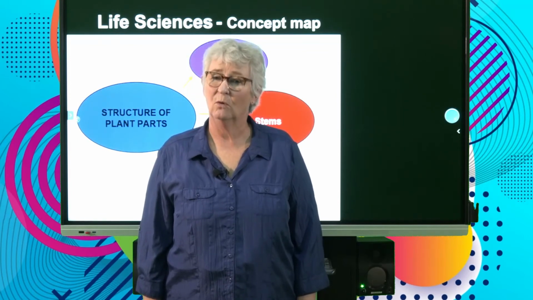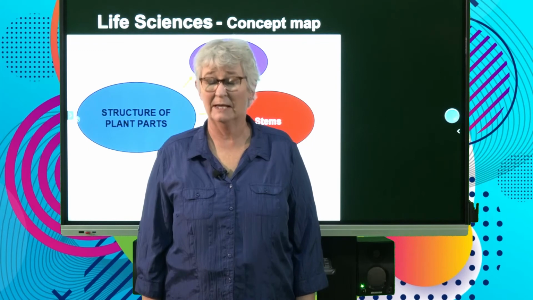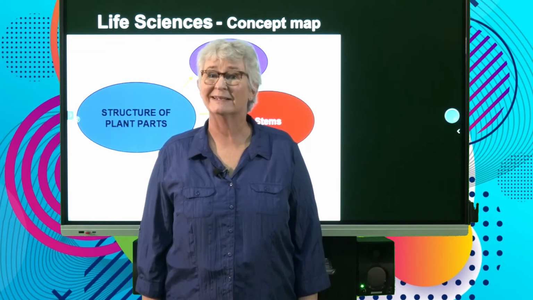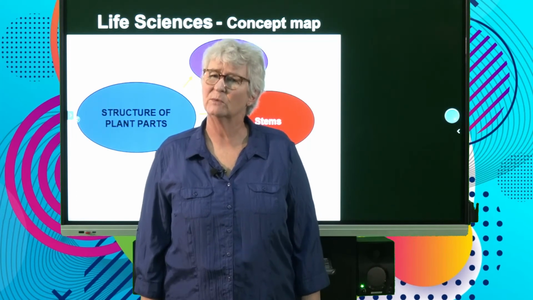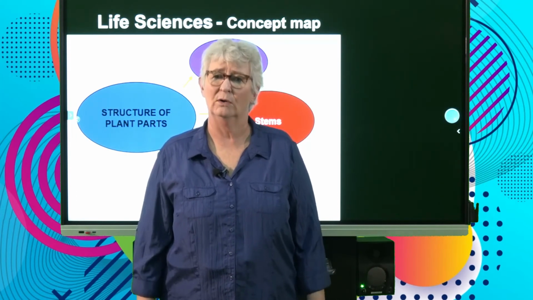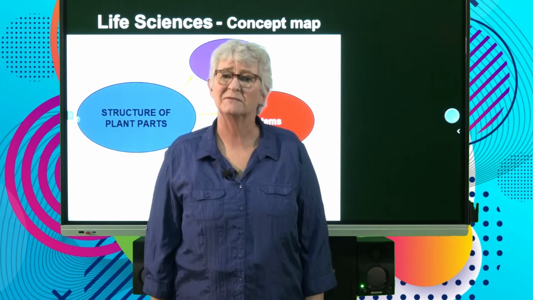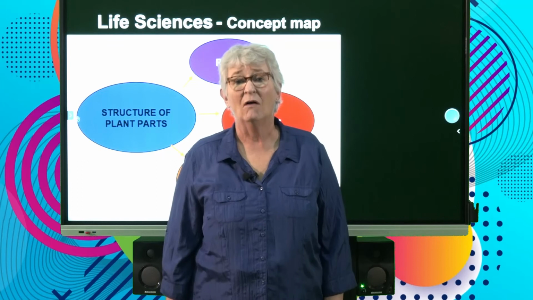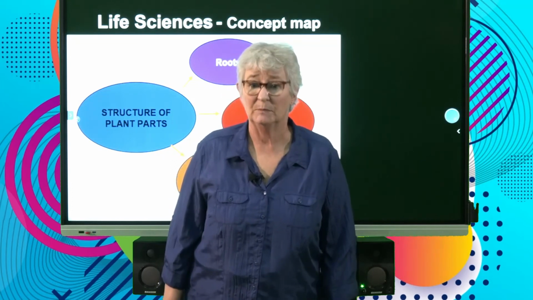We've looked at all the different types of specialized plant tissues found in plants. What we're going to look at now is where in a plant all these different parts are found. And that comes under the heading of the anatomy of a plant.